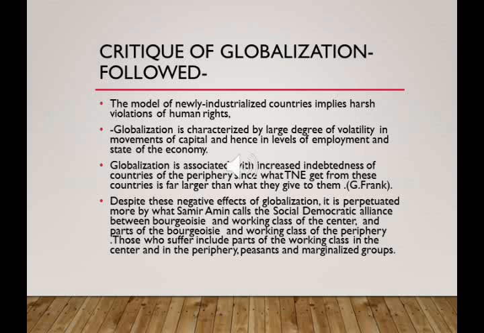But the majority of the population in developing countries, and the majority of the population in developed countries also, suffer from this. And that's why we see a revolt against globalization, not only in developing countries, but also in developed countries.